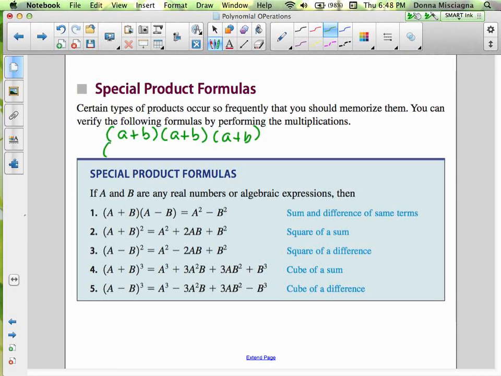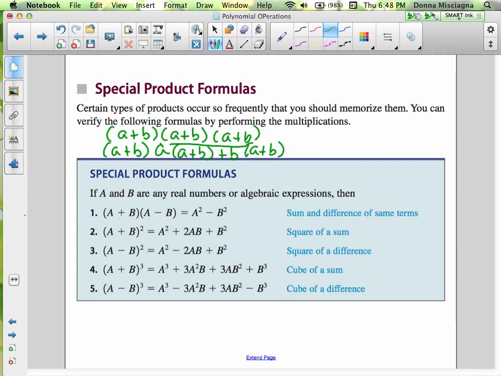So we have an a times (a plus b), and now we would multiply a times the third one, (a plus b). I'm ignoring that first (a plus b) for the moment, and I'm just multiplying these two together using distribution.